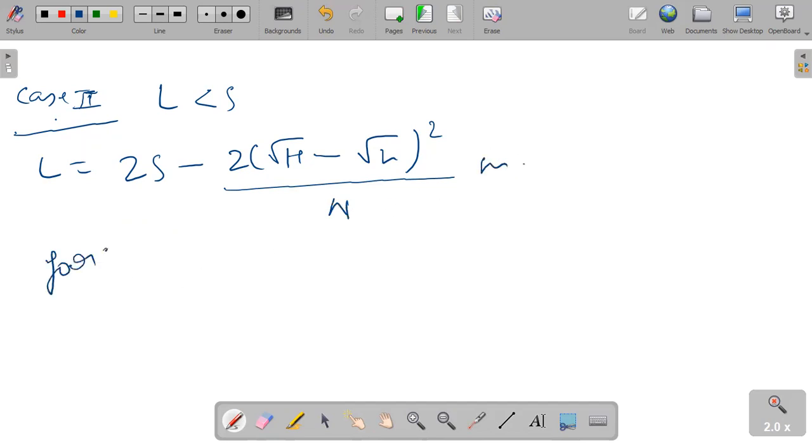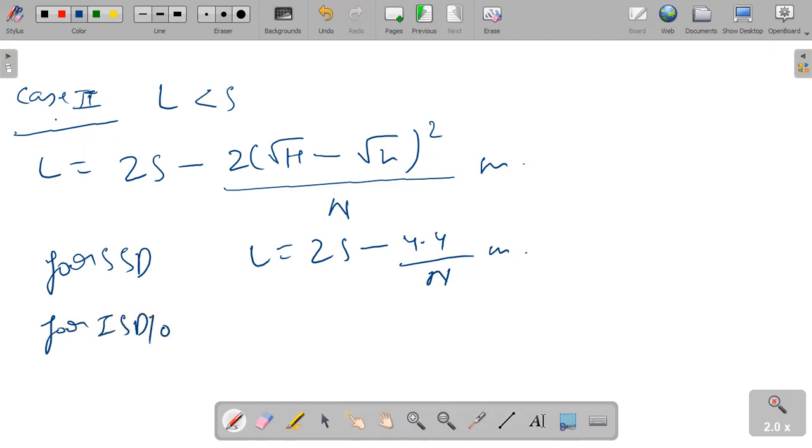And for SSD, we'll have L is equal to 2S minus 4.4 upon n meter. And for ISD or OSD, we'll have the formula L is equal to 2S minus 9.6 upon n meter.